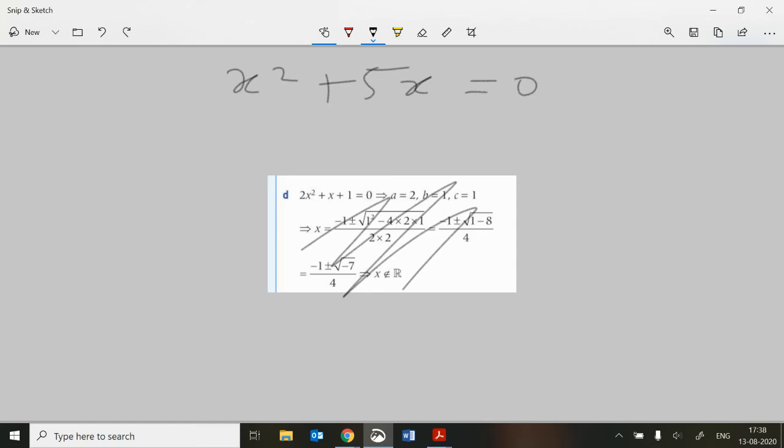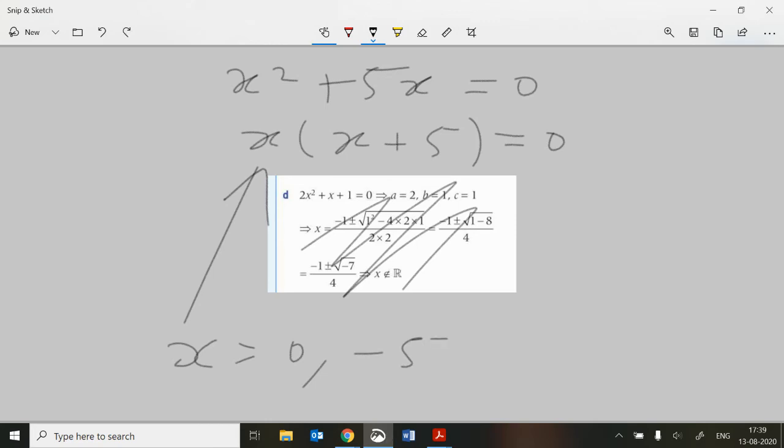But given that you've now divided throughout by that number, you can take out x as a factor here. You can do the factorization. You can say, well, either this has got to be equal to 0 to make it 0, or this bracket is equal to 0 to make it 0. So x is equal to 0, or from the second bracket, x is equal to minus 5. So that will make a 0 there, and anything times by a 0 is 0.